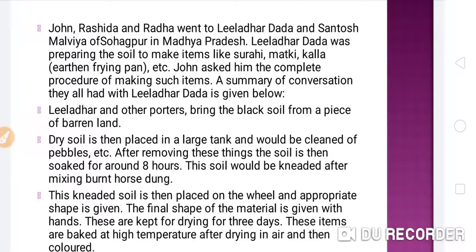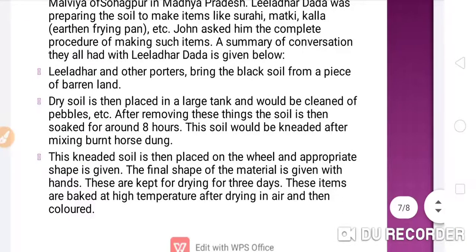A summary of the conversation they had with Liladhar Dada is given below. Liladhar and other potters bring the black soil from a piece of barren land. Dry soil is then placed in a large tank and cleaned of pebbles, and after removing these things the soil is soaked for around 8 hours.